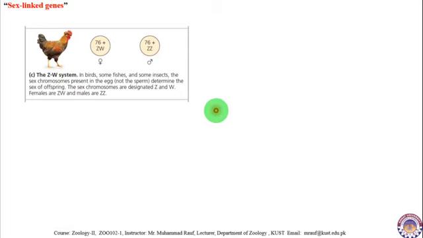Now here is another sex determination system, which is ZW. In birds, some fishes and some insects, the sex chromosome present in the egg, not the sperm, determines the sex of the offspring. Now it is exactly opposite to the situation in the XY system.